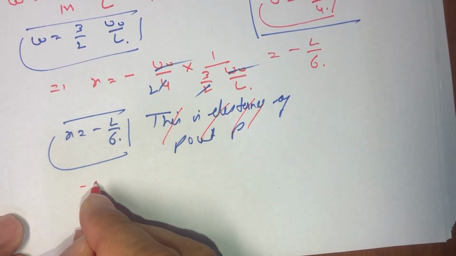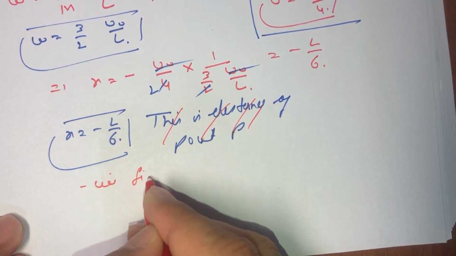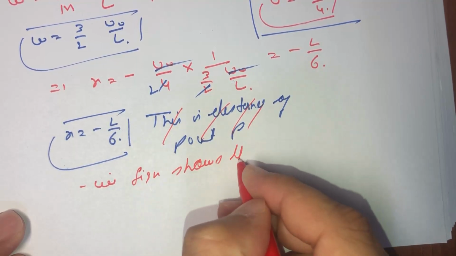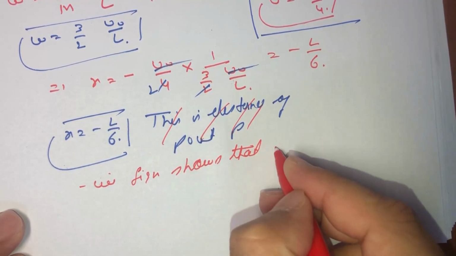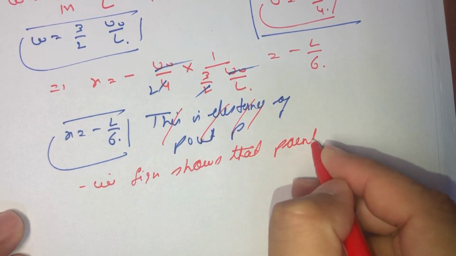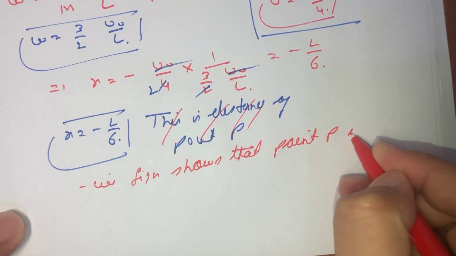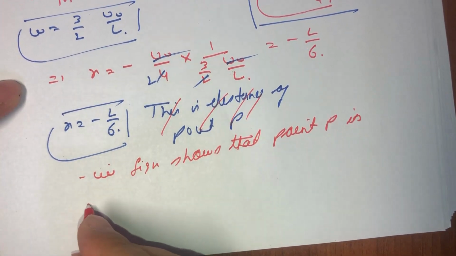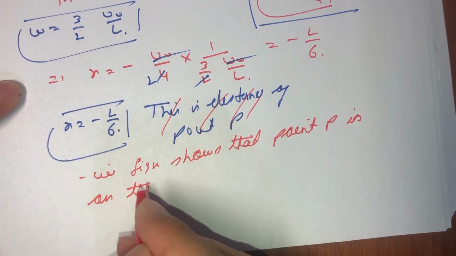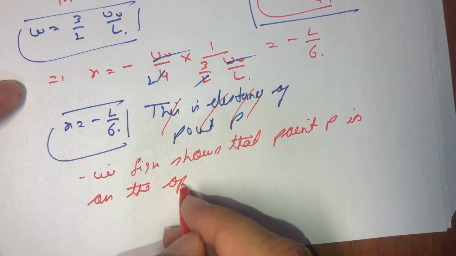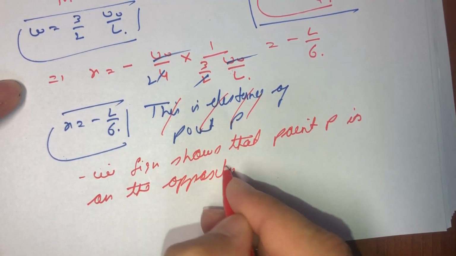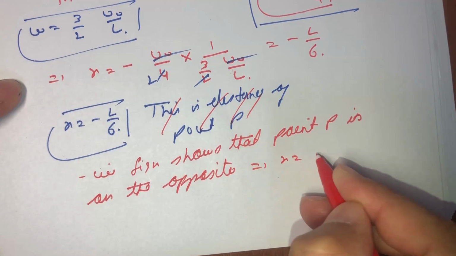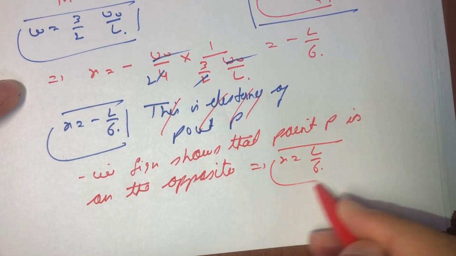So let me write it here: the negative sign shows that point P is on the opposite side. This is the only significance of this negative sign. So we can say x is equal to L by 6.